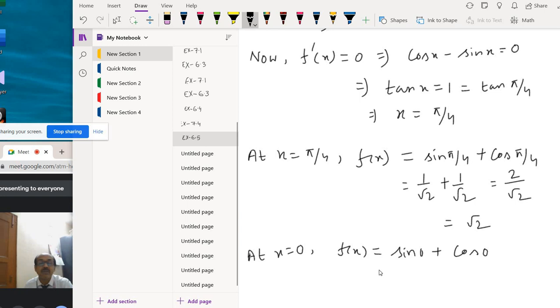Sin 0 is 0 plus cos 0 is 1, so equal to 1.